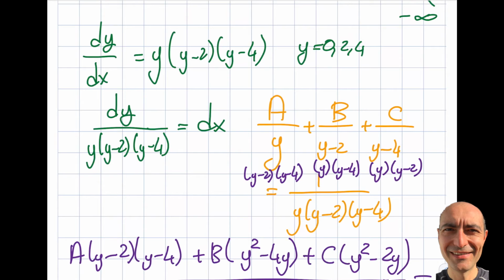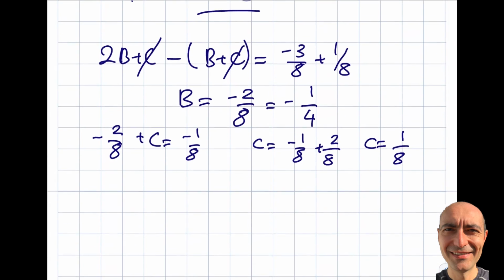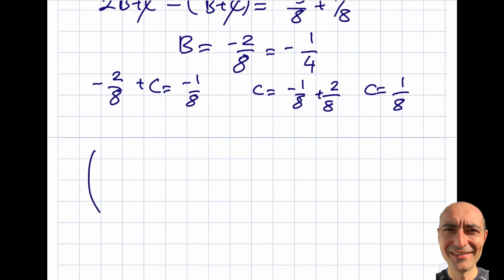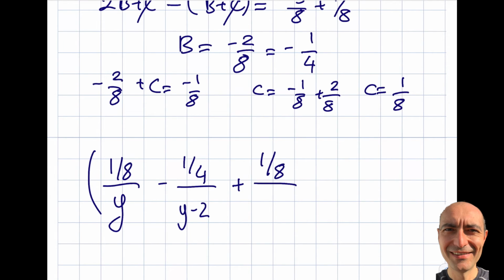So let's go ahead and write this. Basically, 1/8 divided by y minus 1/4 divided by y minus 2 plus 1/8 divided by y minus 4 dy is equal to dx.